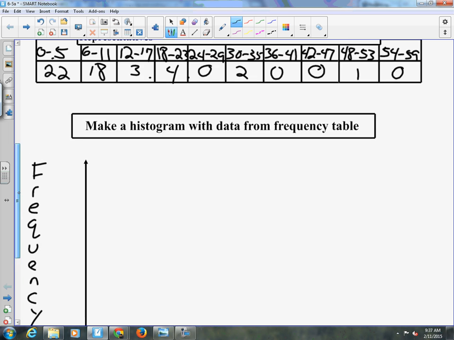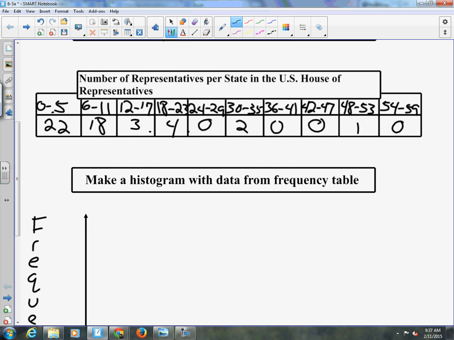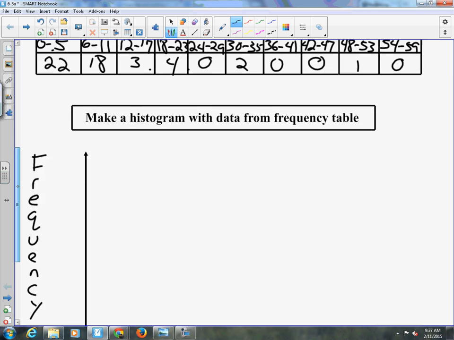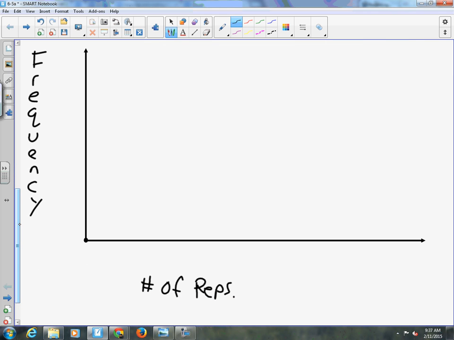Now using our table, our largest number is going to be 22. So we're going to have to make lines up to 22. And I'm going to choose groups of an interval of 4. So 4, 8, 12, 16, 20, 22, 24.